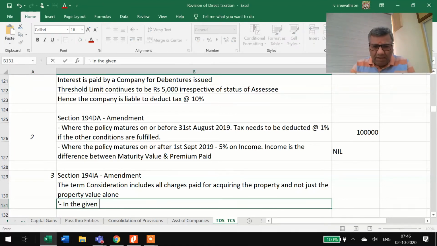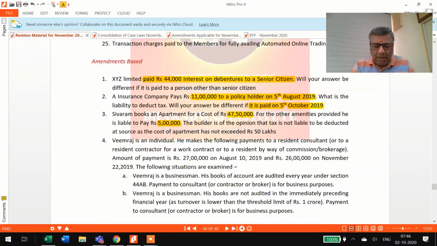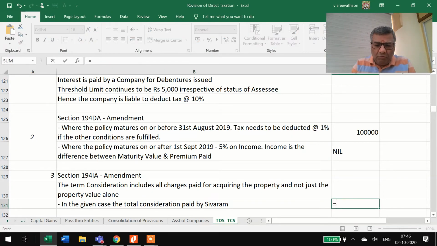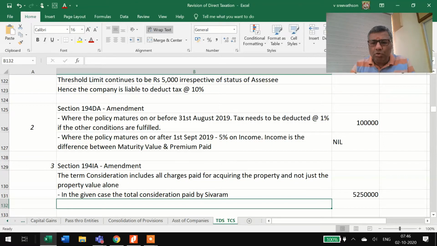In the given case, if you look at the total consideration paid by Sivaram, it will be 47,50,000 plus 5 lakhs, so the total consideration paid by Sivaram is 52,50,000.